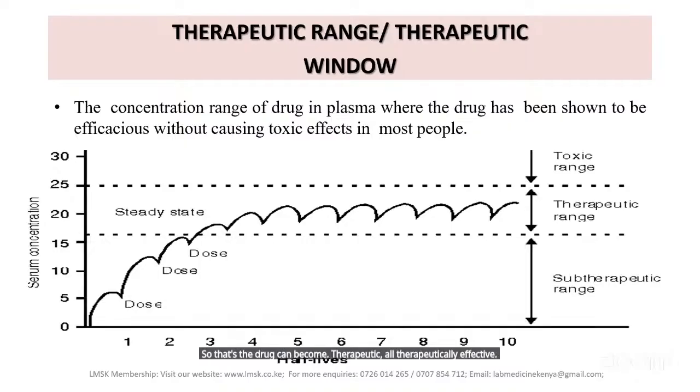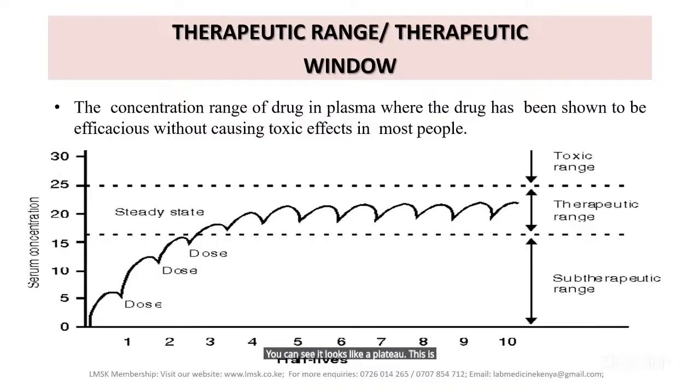Above this therapeutic range, the drug again becomes toxic, and it goes to what we call the toxic range. What I wanted to introduce here is the principle of steady state. After 5 doses, when you look at this graph, you can see it looks like a plateau.